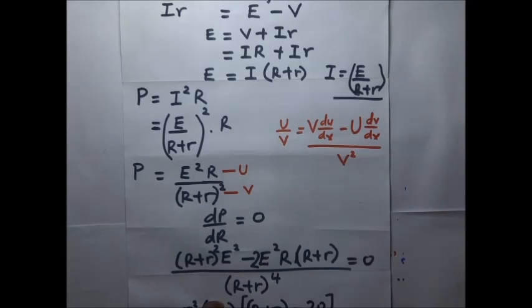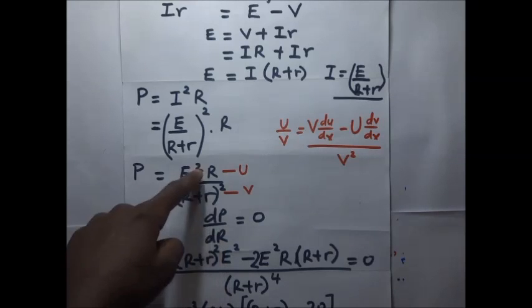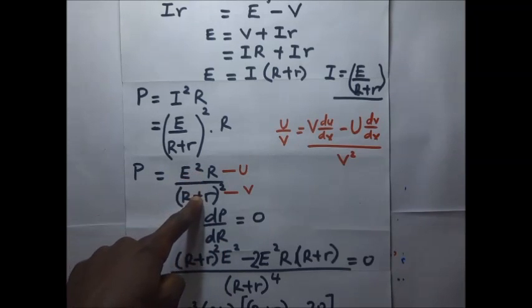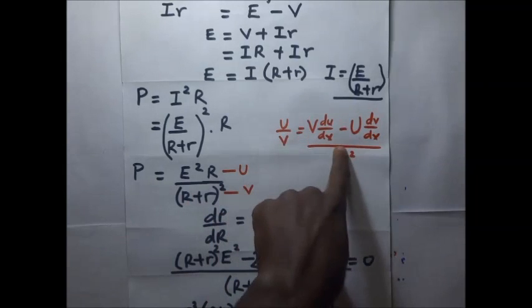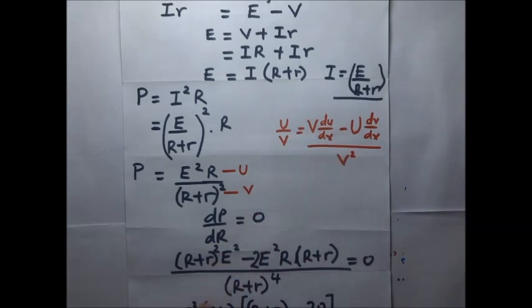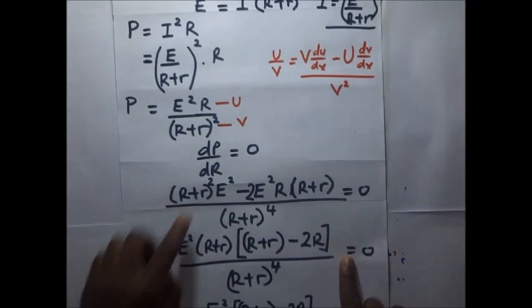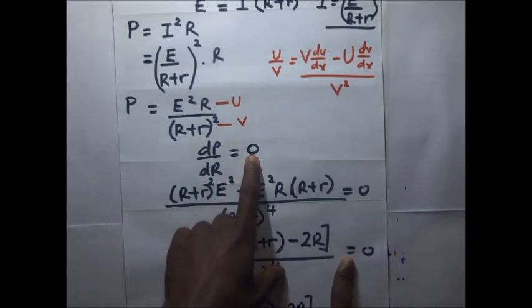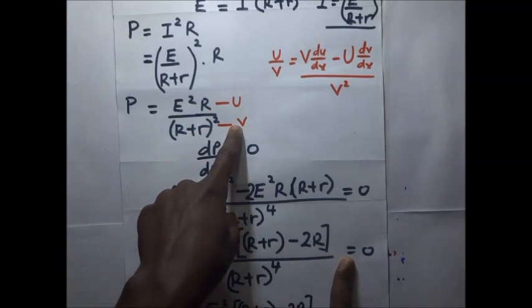And we know that the derivative of this expression, dP/dR, is going to be equal to 0. We are going to differentiate with respect to the resistor in the circuit. Since this is a quotient, we are going to use the quotient rule to differentiate. Using the quotient rule means that dP/dR is going to be equal to 0. This is our u, that is our v.